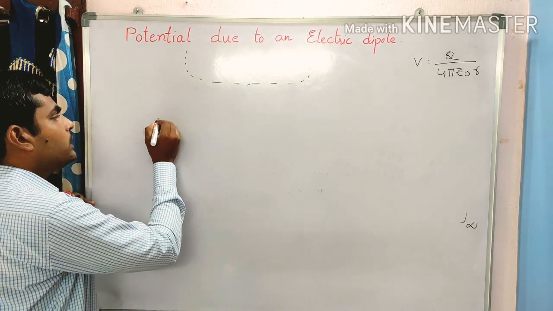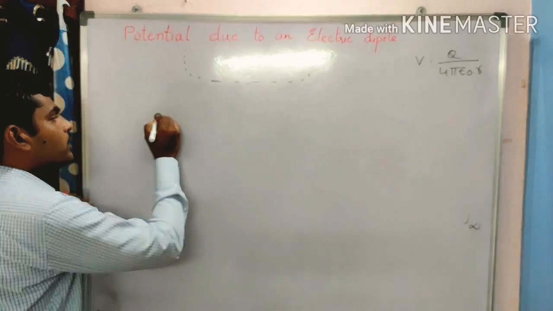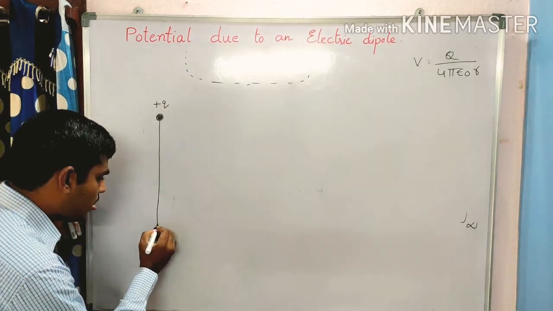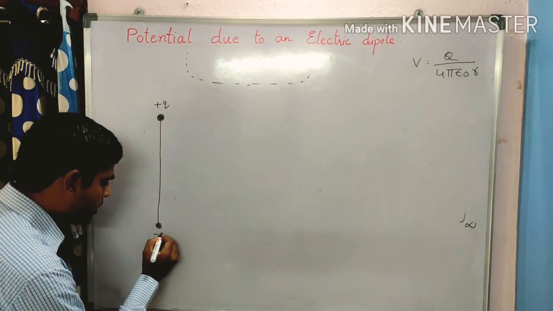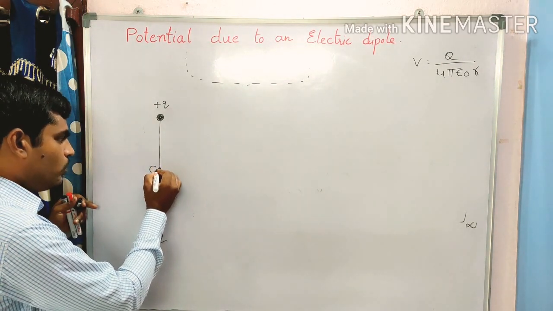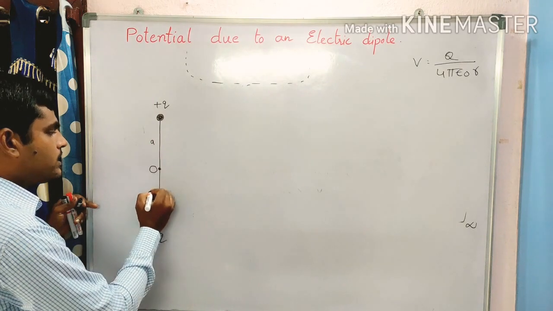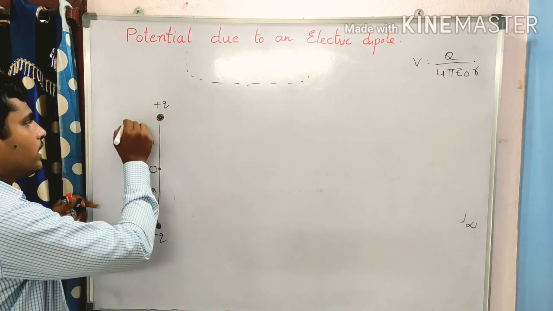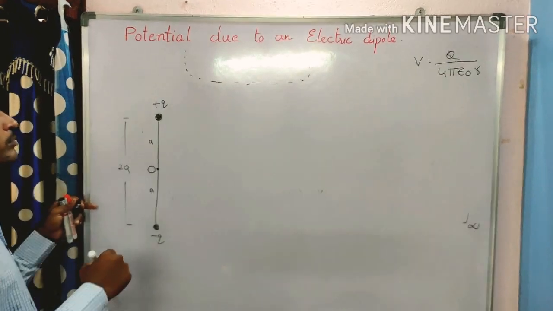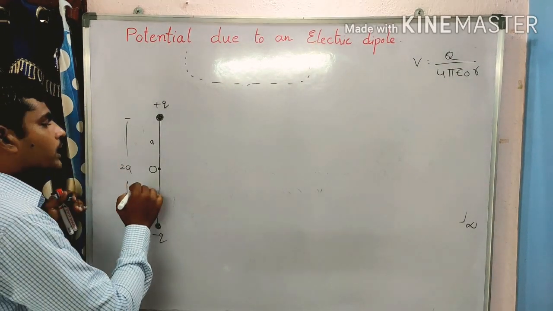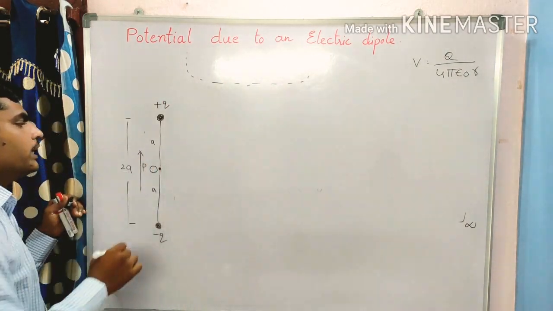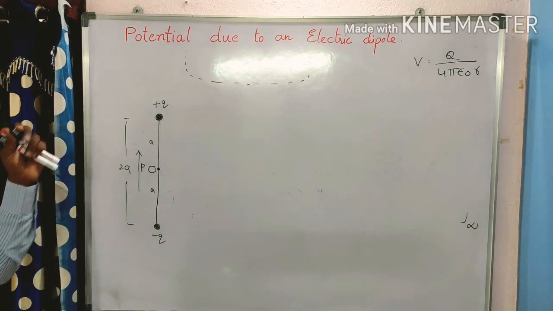One is a positive charge, here I am taking plus Q, and here I am taking a negative charge minus Q, and this is the center of the dipole O. You know well this distance is A and this distance is A. The total distance from here to here is 2A. The direction of the dipole moment P is always from negative to positive.